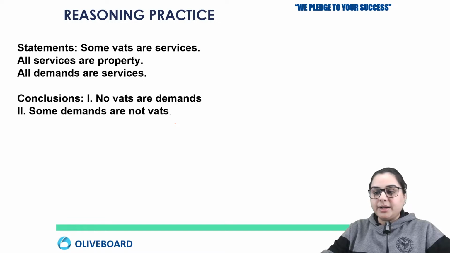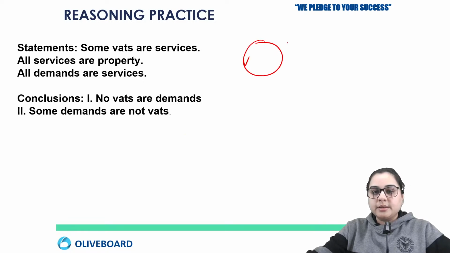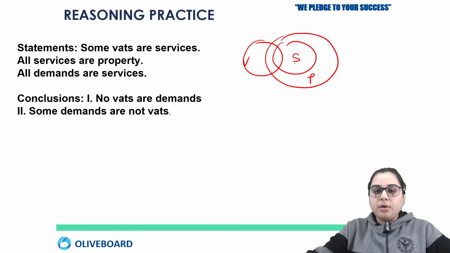Okay, so Kavya answered, Eva answered, very good. So let's make the diagram. Some VATs are services. All services are property and all demands are services. So now the first conclusion is that no VATs are demands. This can happen, so this is doubtful.